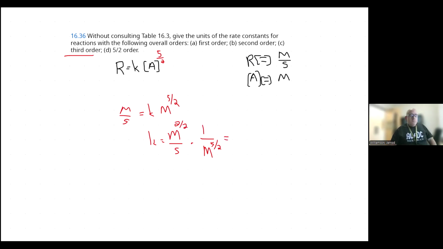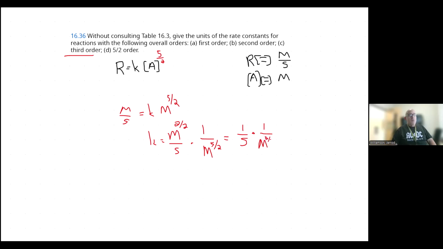And that's going to leave me, if I do it right, if I'm not having a brain fart, 1 over seconds times 1 over molarity to the 3/2. Sure hope I'm doing my fractions right.